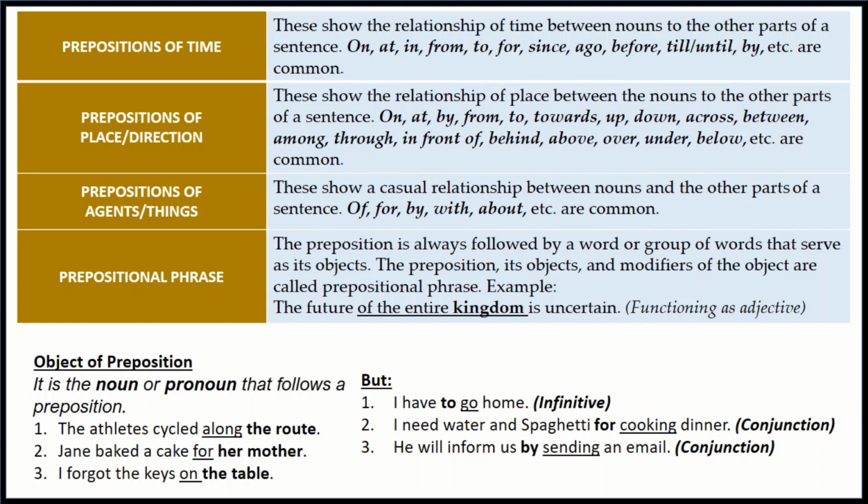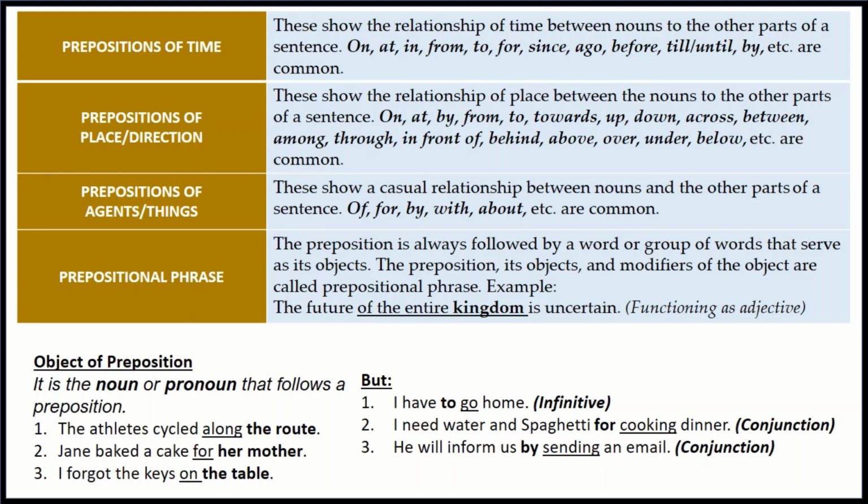Prepositions of place or direction, as the word suggests, show the relationship of place between the nouns to the other parts of a sentence. Commonly on, at, by, from, to, towards, etc. You see, on, at, from, and to, these are also prepositions of time as well as prepositions of place or direction.